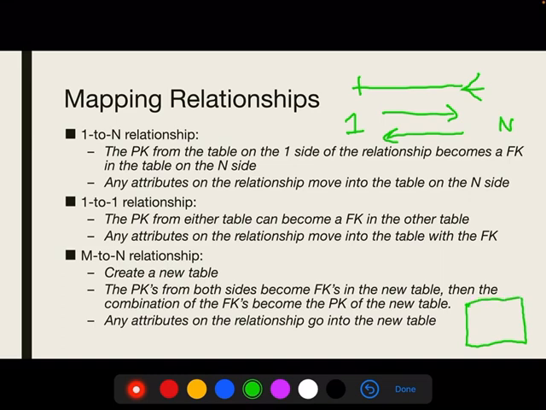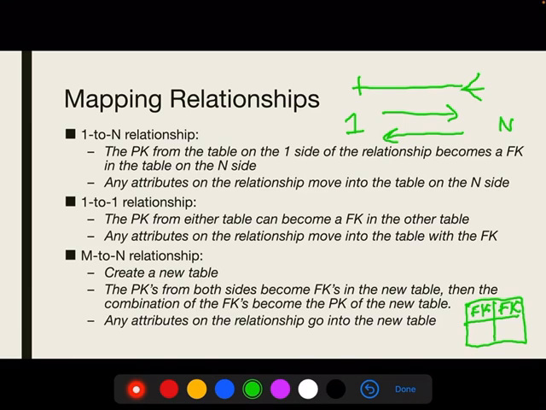So you take the primary key from one side and the primary key from the other side, and together those two foreign keys become the primary key of this new table. So you have to make a new table for a many-to-many relationship.